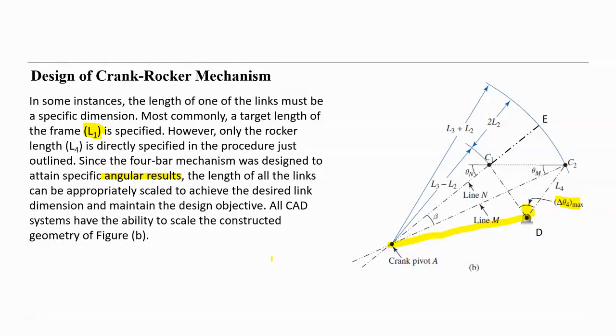All CAD, computer-aided design systems, have the ability to scale the constructed geometry of a figure. So by using a CAD system like AutoCAD, Inventor or SolidWorks, you can easily design it.